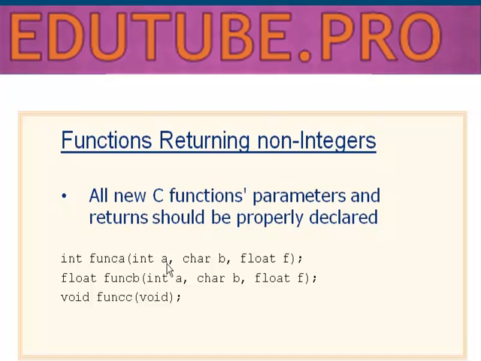It doesn't necessarily have to be that in the code. It'll take an integer, a character, and a float. And if you call it and pass it other types when you actually make the function call, those other types will be typecast to these types, because it's going to assume that you knew what you were doing when you were declaring the function.